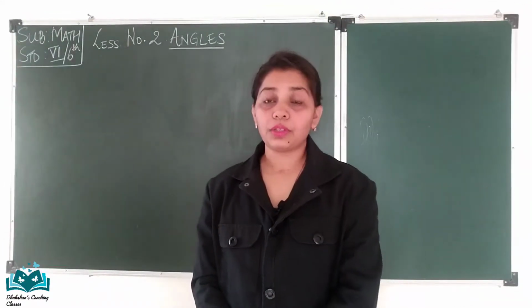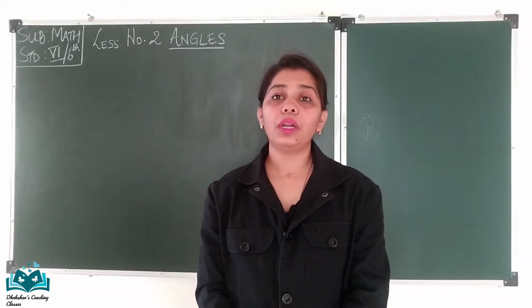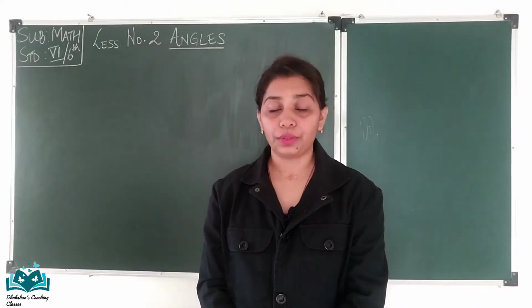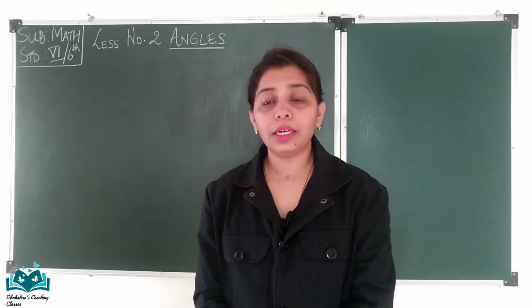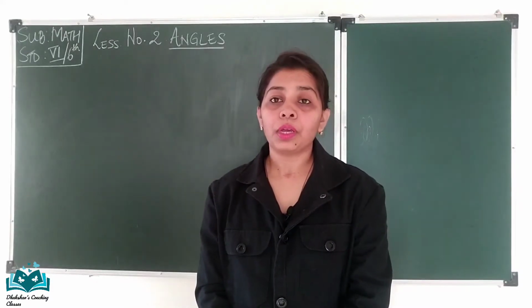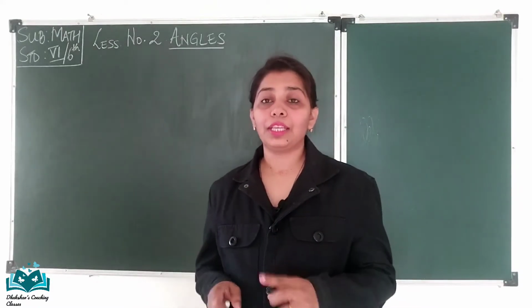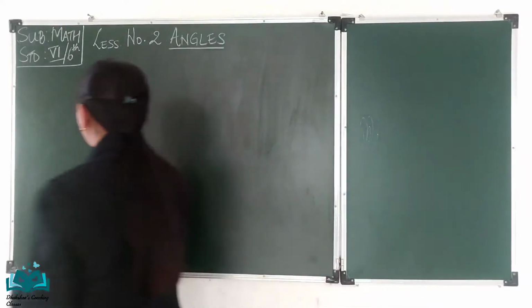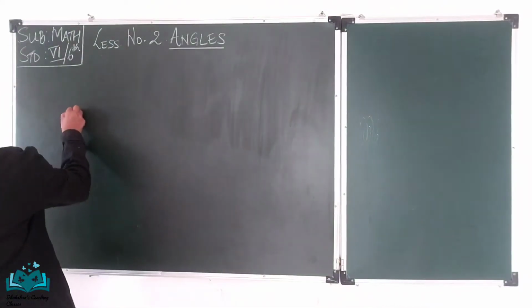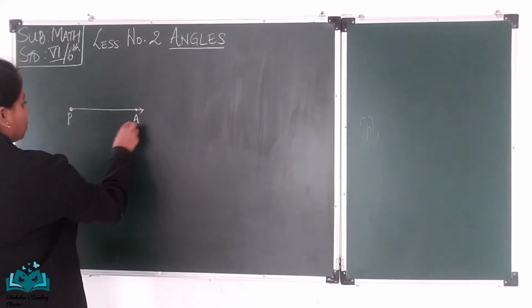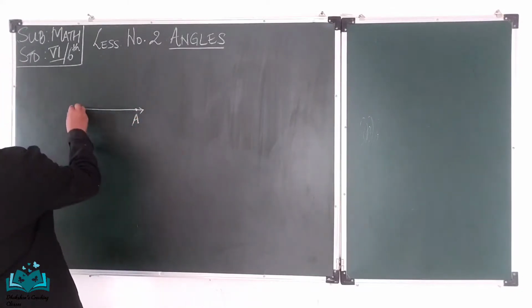In my last videos, I had told you how a line is drawn. A line starts from a point. Extending that point in one direction gives us a line. Now, when two lines originate from the same point, have a look over here. This is a point P. A line is drawn, PA.